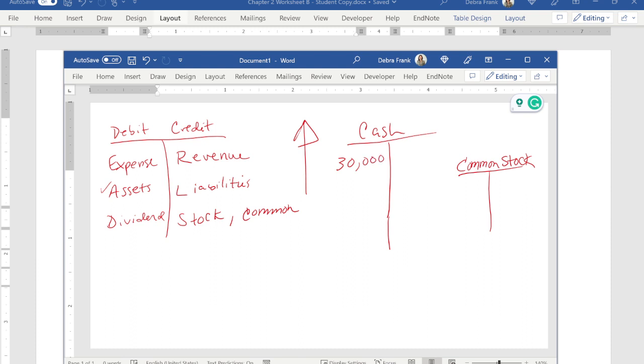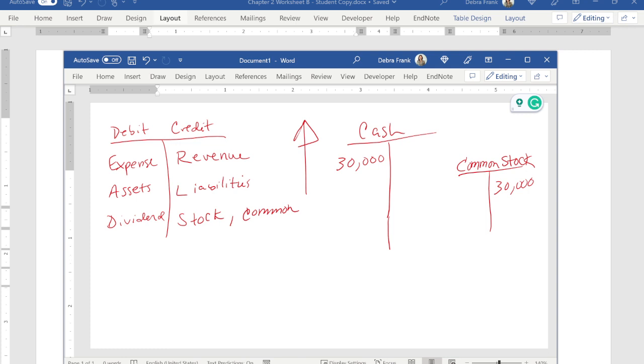So I'll plug in 30,000 on the left side. I can also see that when stock goes up, it is on the right side, the credit side. So stock is going to increase by 30,000 because I want to keep track of the balance of that account as well. That stock account will have 30,000 sitting in it.